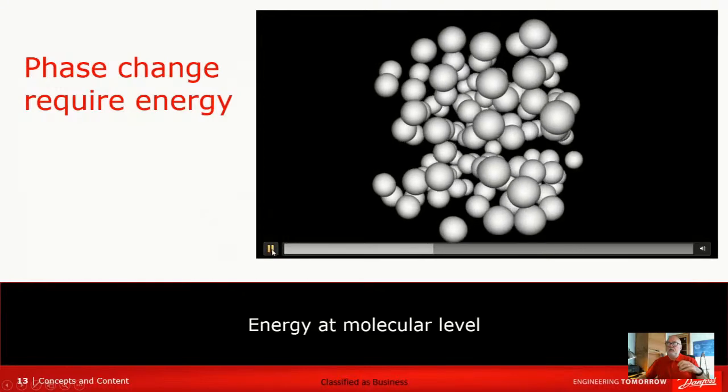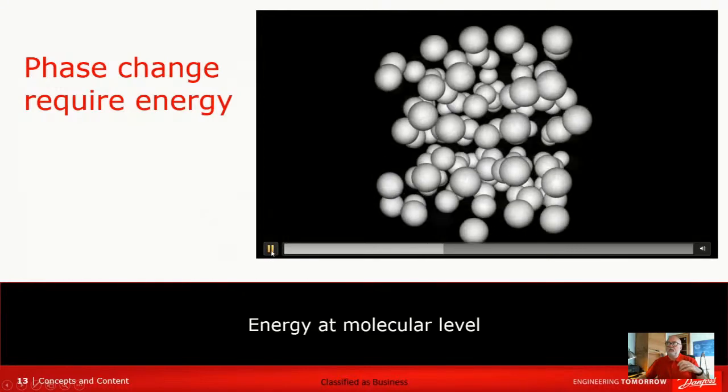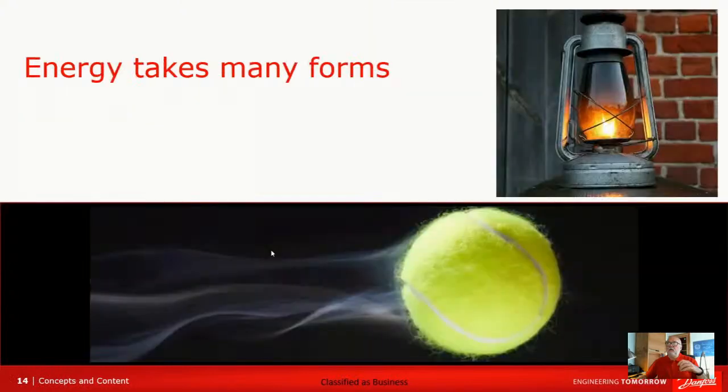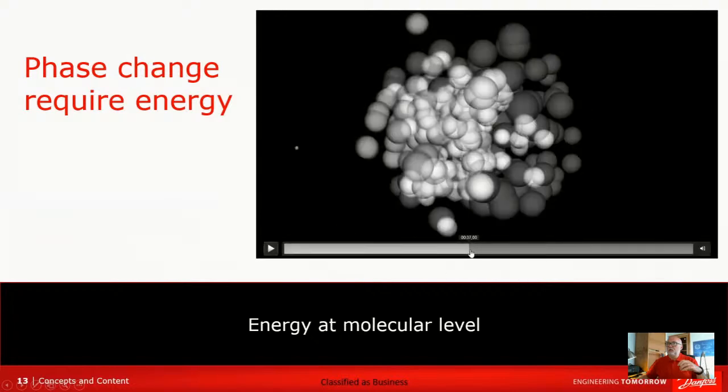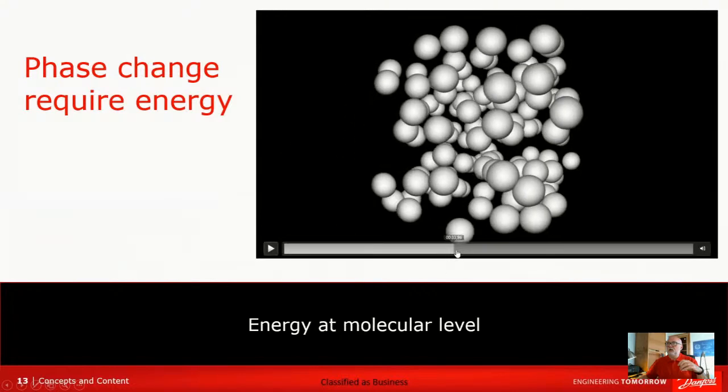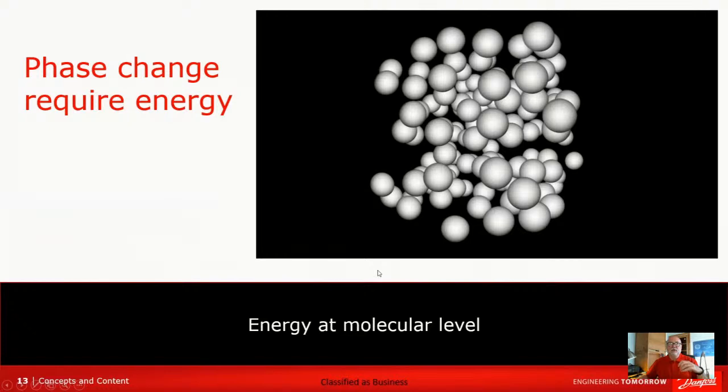I'll just let it run a few seconds more. Let's just pause here. You can see there is no structure anymore. This is the liquid form of H2O.